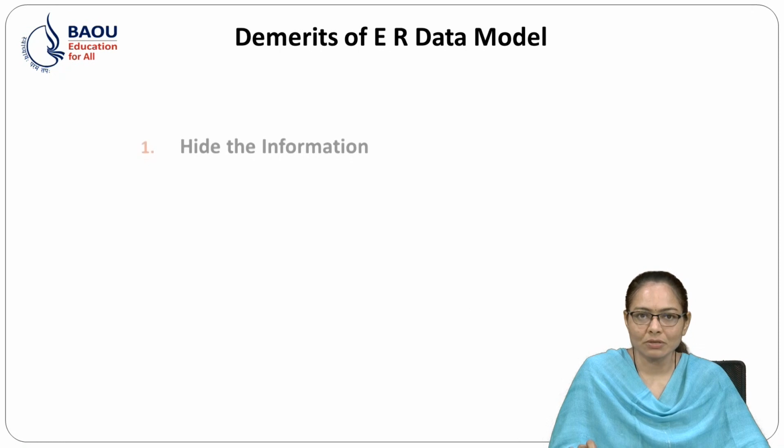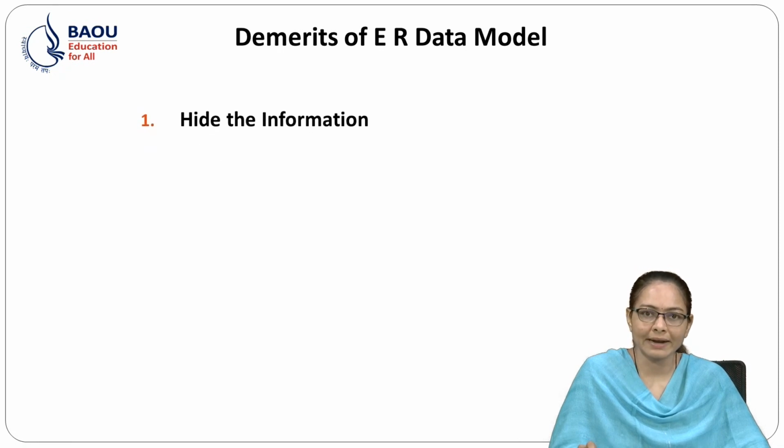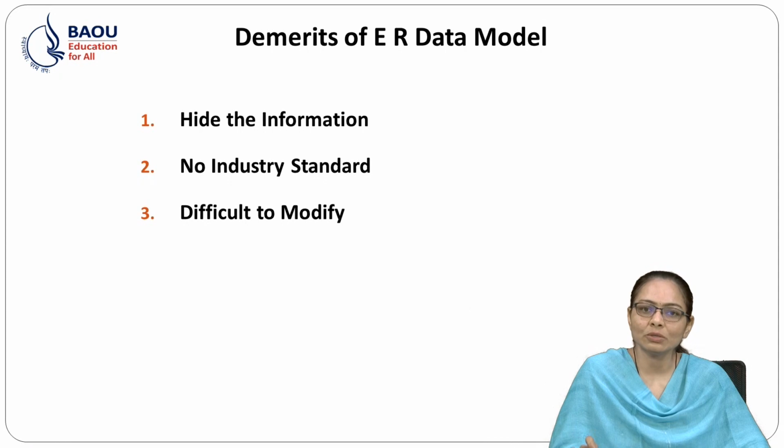Now the demerits of the ER model. First is hidden information. While drawing the ER model, some information can be hidden or lost because we cannot show all the information diagrammatically. Second is no industry standard: there is no industry standard for the notation of the ER diagram. Next is difficult to modify.